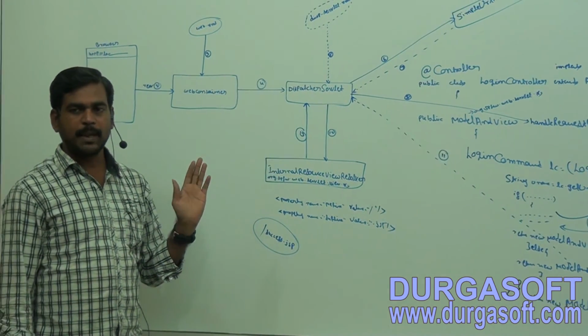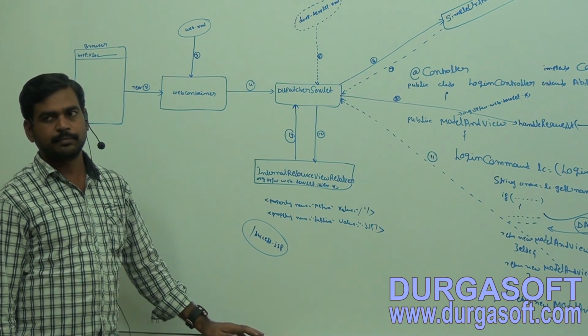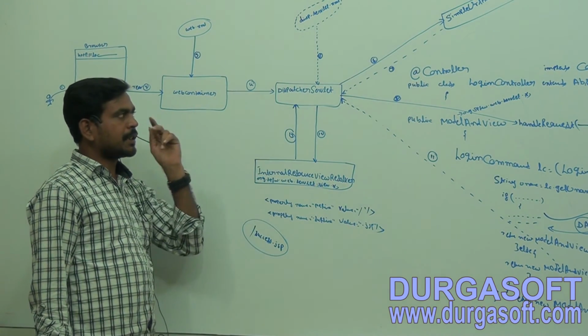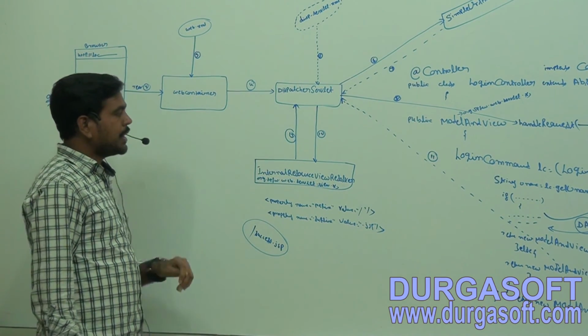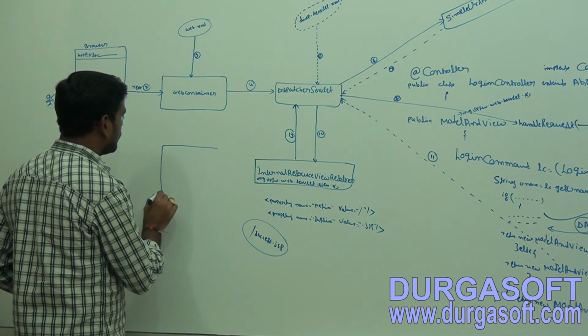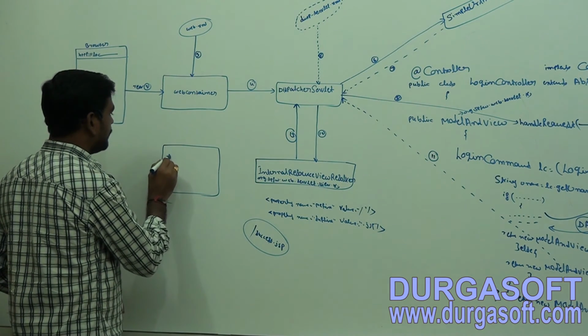Just sometimes we can restart the server. That's enough. Right? So now success.jsp is given once again to the dispatcher servlet. Now the dispatcher servlet is going to produce an actual output.